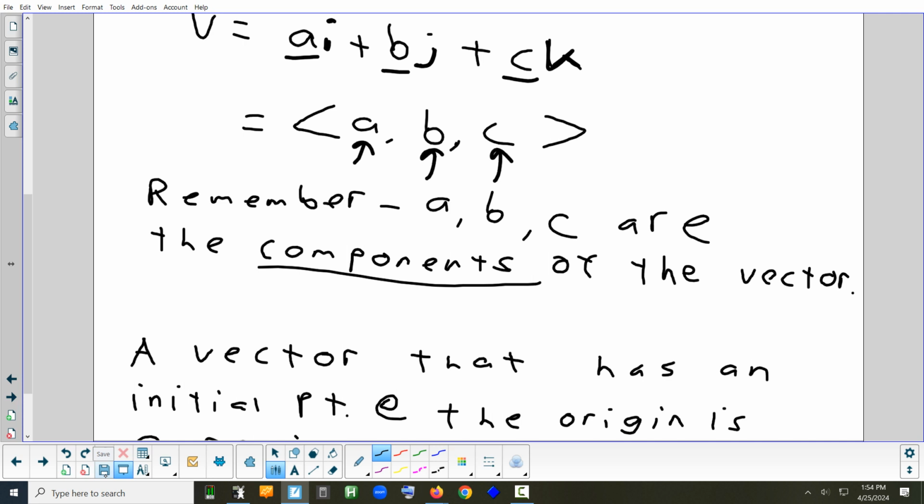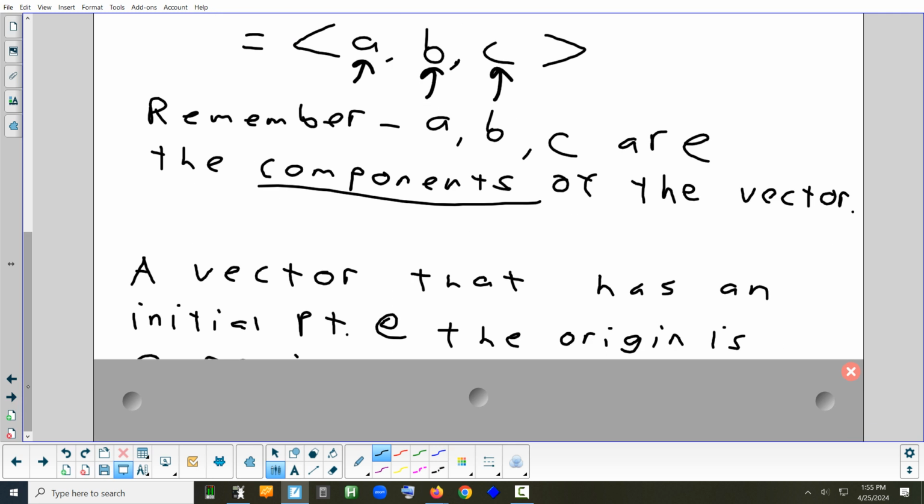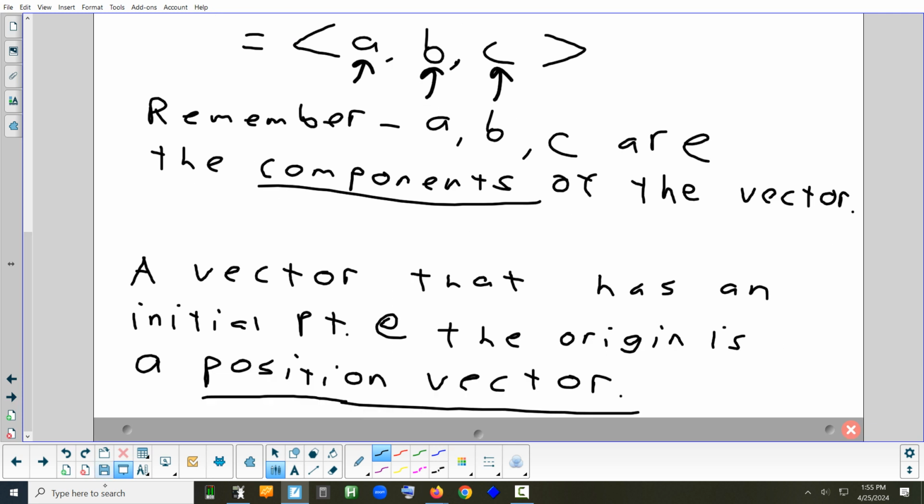It does begin with a P, but not point. A vector that has its initial point at the origin. Position vector? Position vector. Yep. That's exactly the same definition you have, or should have, in your notes from 2D. So no change in that. I'm just repeating it.